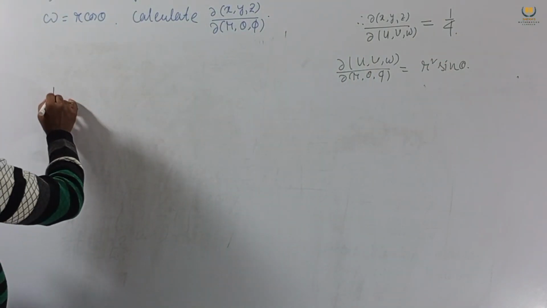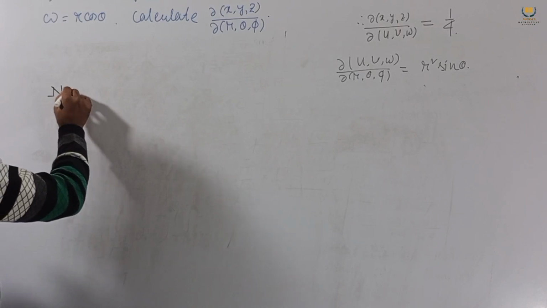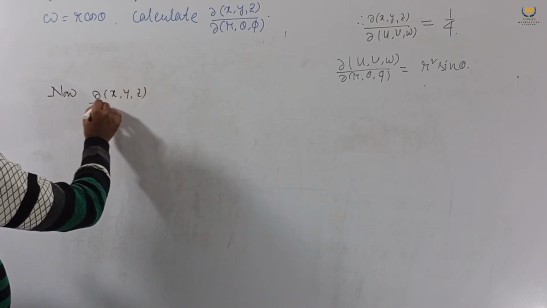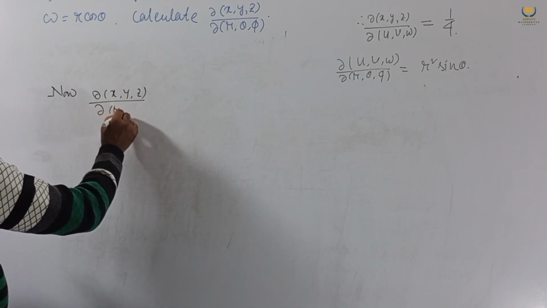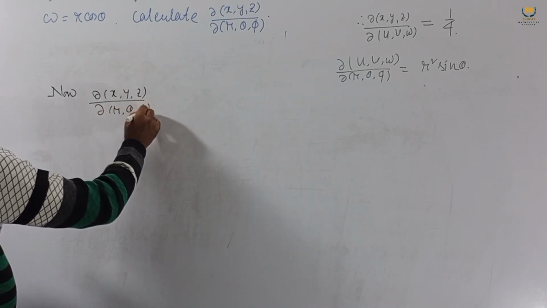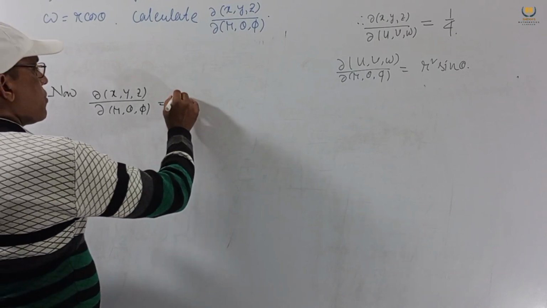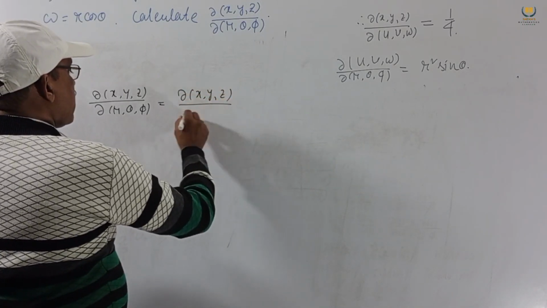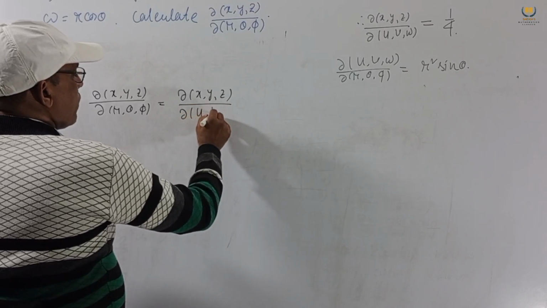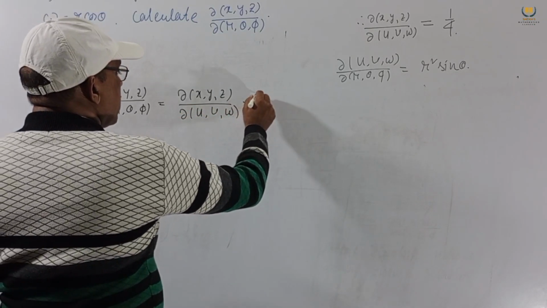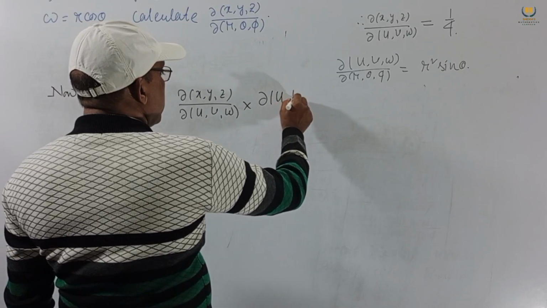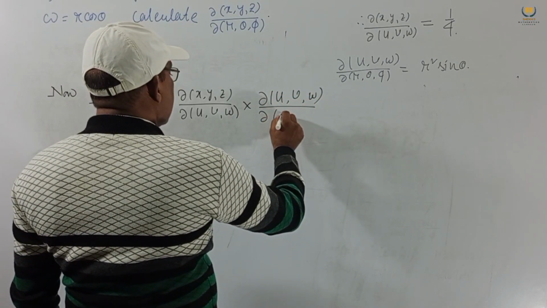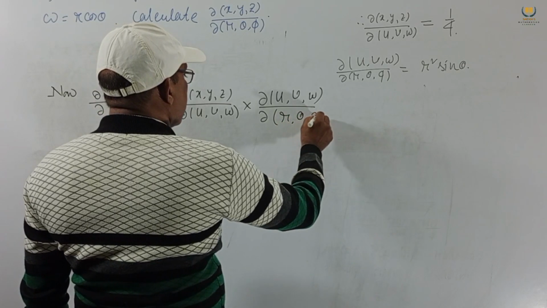Now our requirement: del(x, y, z) by del(r, theta, phi) equals del(x, y, z) by del(u, v, w) into del(u, v, w) by del(r, theta, phi).